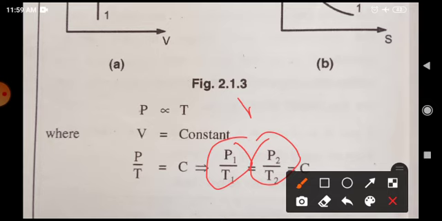That means the ratio of absolute pressure and temperature at the first state equals the ratio at the second equilibrium position.